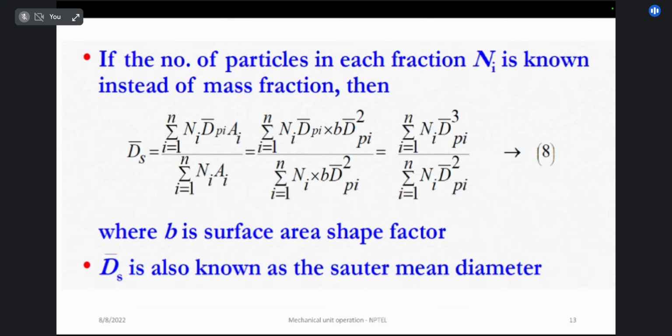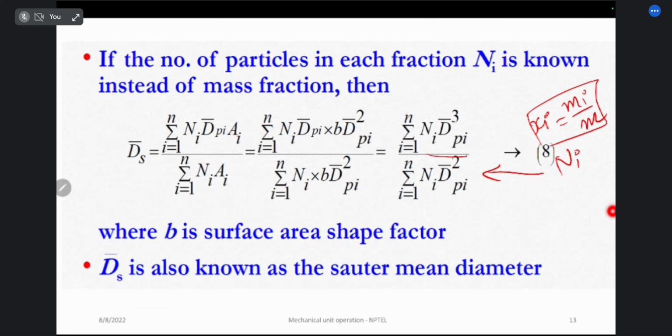Now, if the number of particles in each fraction Ni is known instead of mass fraction, where before we had the mass fraction mi divided by m, represented by xi, then this is the equation we can follow. When we know the numbers Ni, d bar s at the end equals summation i equal to 1 to n Ni d bar pi cube divided by summation i equal to 1 to n Ni d bar pi square.